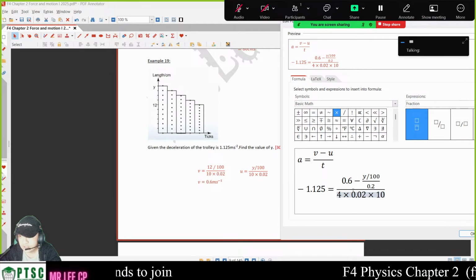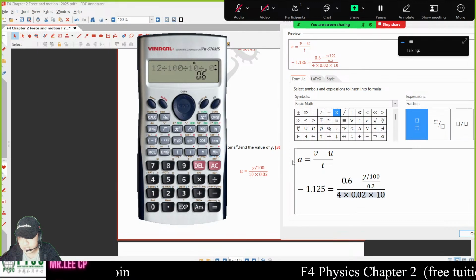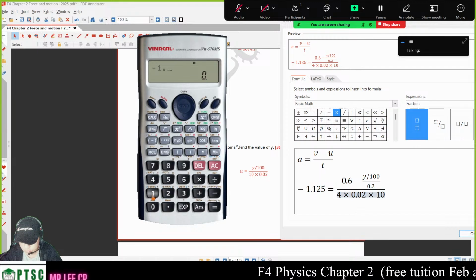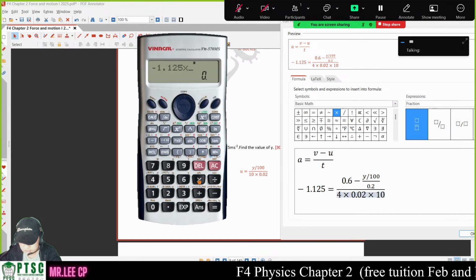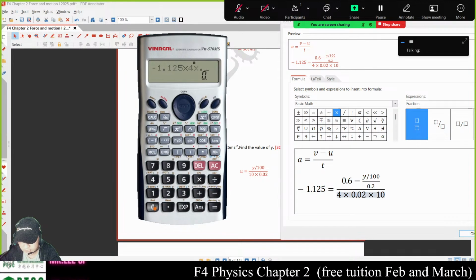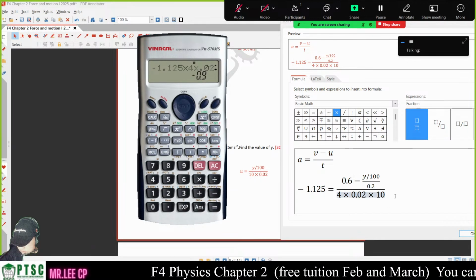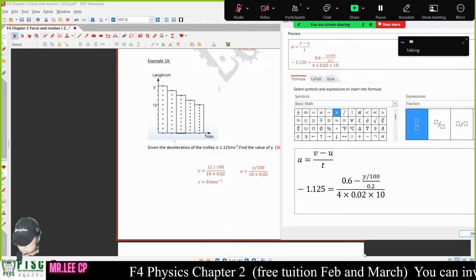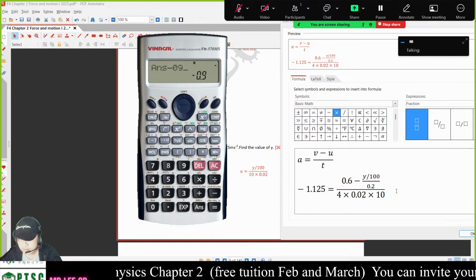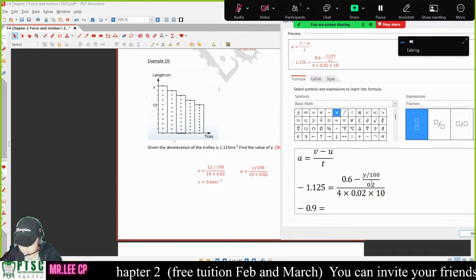Okay, so I'm going to multiply this one upward. So negative 1.125 times 4 times 0.02 times 10 is equivalent to this. So what we have is negative 0.9, equivalent to this one.